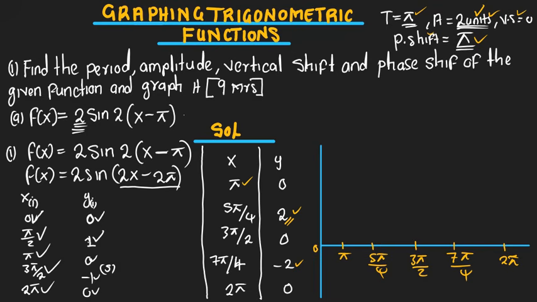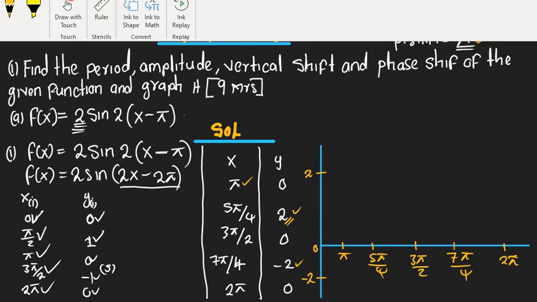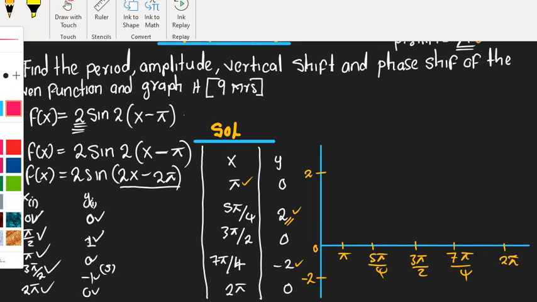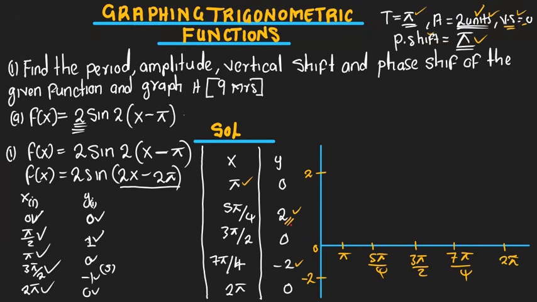For y values, what do we have? In the y, the highest point is 2. Then on the negative side, the smallest value is negative 2. Now, I just have to plot my phase shift. My phase shift was at 0. So I will go where 0 is and plot my phase shift.